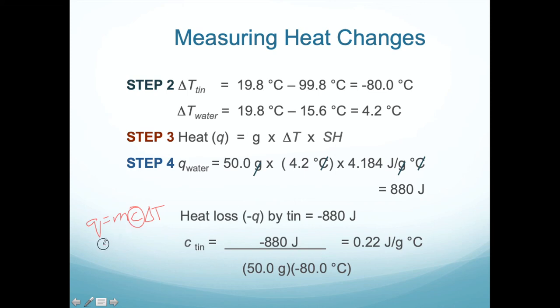If you're having trouble seeing that, Q divided by m and delta T is equal to c by itself. When you plug that in, you should get 0.22 joules per gram degree Celsius. Again, you can tell the units are going to be that because we have joules divided by grams and degrees Celsius. And that's going to be our specific heat capacity for our tin.